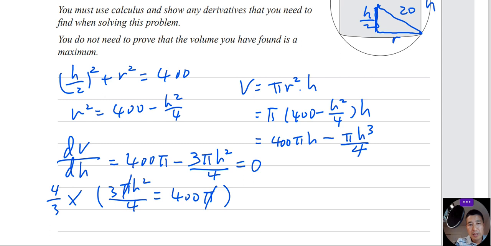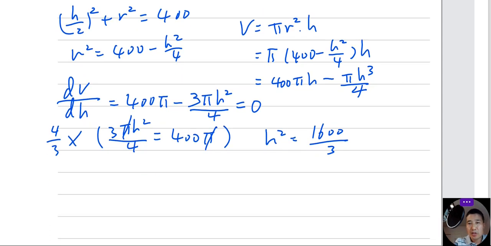So h squared equals 1600 over 3. Hence h equals 40 over square root of 3. H can't be negative, so it's got to be positive. Multiplying by square root of 3 on both sides leaves h as 40 square root of 3 over 3. So we are almost there.